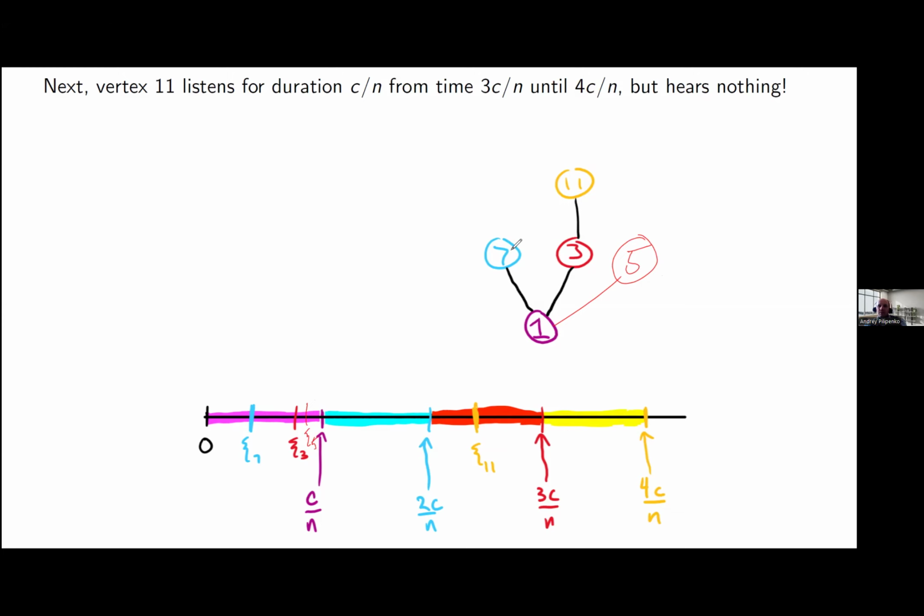And then when we're exploring 7, we can no longer hear 3 or 5 arrive because they've already appeared. Once we've explored 3, we cannot hear 5 or 7 arrive because we've already seen those. And then we continue this procedure again and again. Okay, thanks.